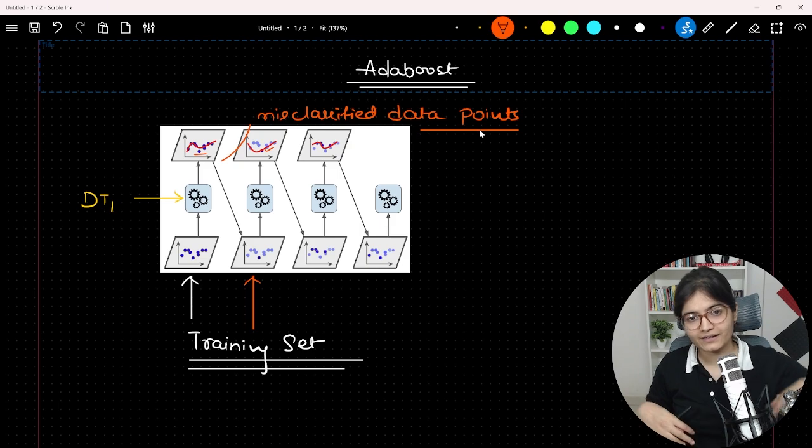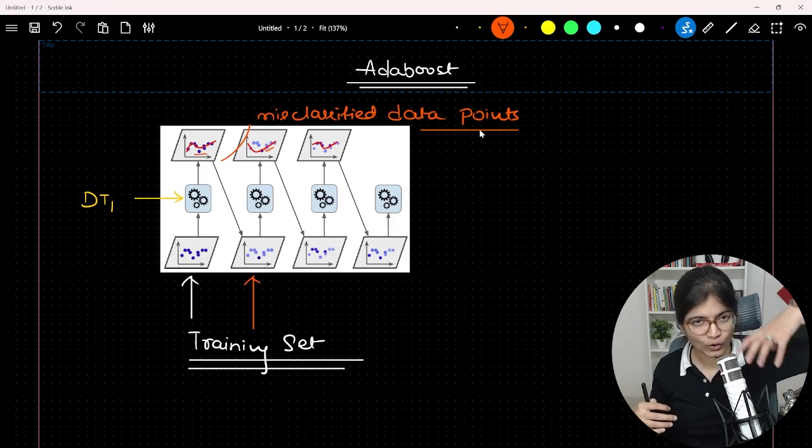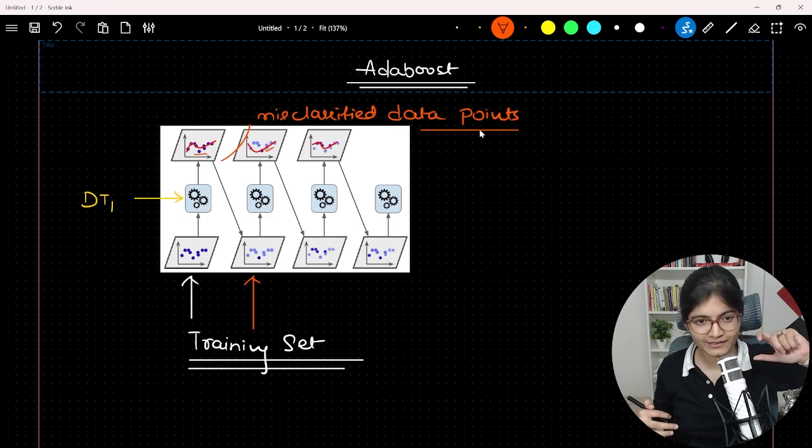We pass the training set as a whole in the very first iteration. There is a decision tree working internally.